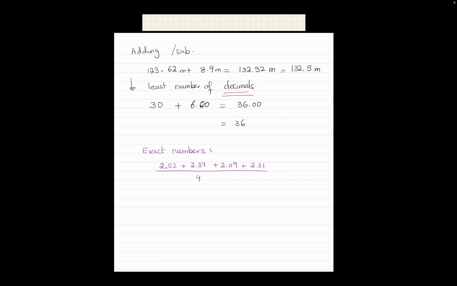All of them have 2 decimals, so of course my last answer should have 2 decimals in it. And if I divide by 4, it is considered an exact number. What does it mean? It will not affect the number of sig figs.